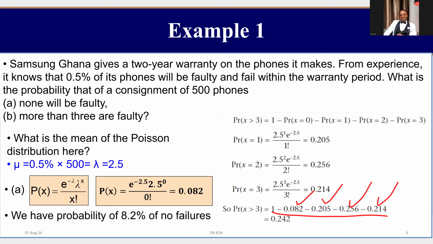So the chances of you getting more than 3 faulty phones is very, very slim. Calculating it is not difficult. What is difficult might be your ability to detect that it is binomial or Poisson. Let's go to the next one.